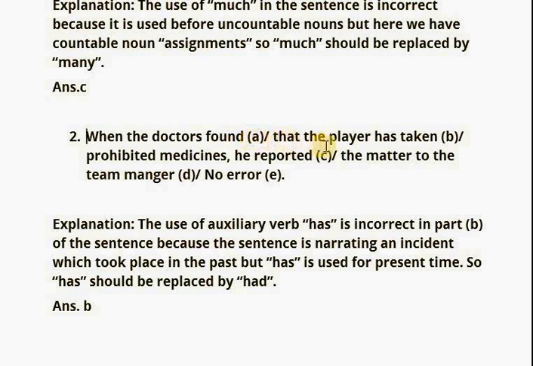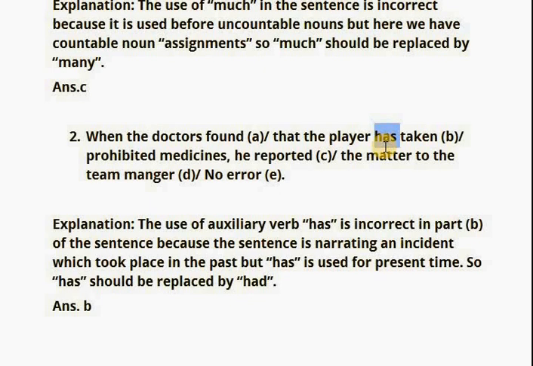When the doctors found that the player has taken prohibited medicines, he reported the matter to the team manager. In this entire sentence, you will see the first part has past tense, the third part, which is C, has past tense, but B, the second part, has present tense, which is incorrect.